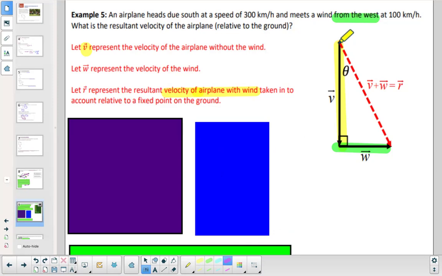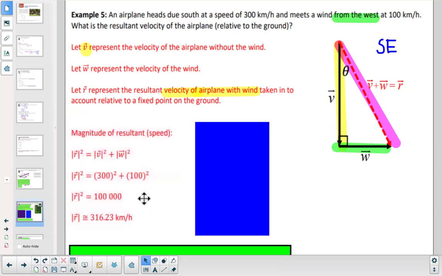So even though the plane wants to head south, the wind is pushing it so that the actual path that the plane travels is in this direction. And I know right away from the diagram that that direction it's headed southeast. I want to keep that into consideration when I'm stating my direction later on.